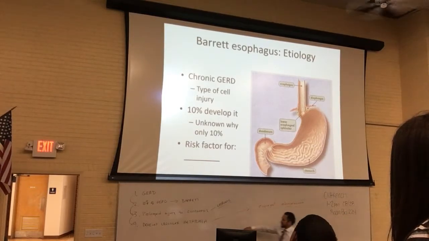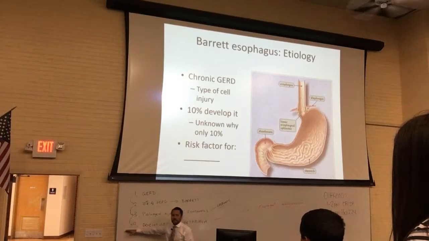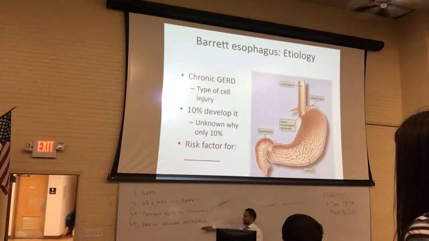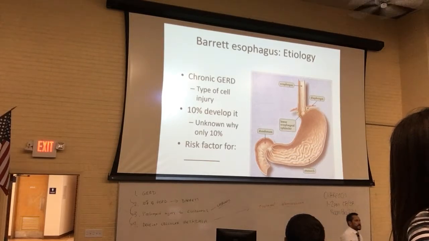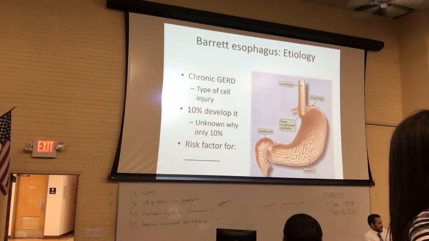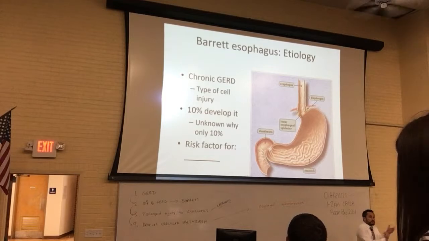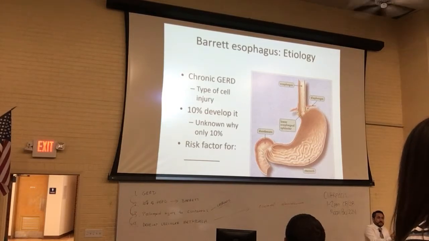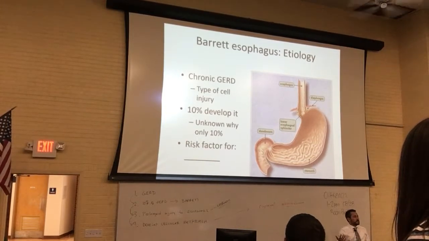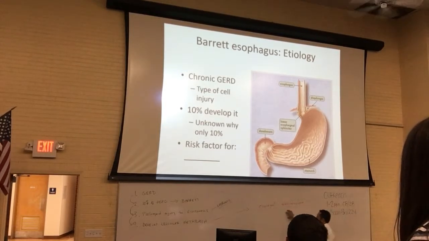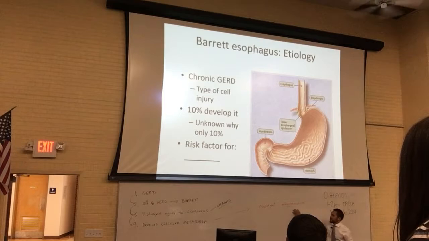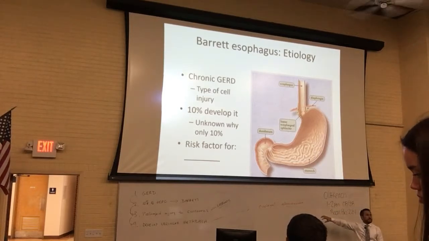The esophagus tries to respond by changing the architecture of the cell from a stratified squamous epithelium to a goblet cell containing epithelium. As it changes, it's mutating to a different form, and as it mutates, there's inflammation and swelling, and this could lead to future pathological conditions like esophageal cancer.